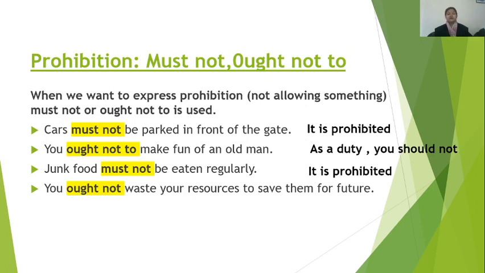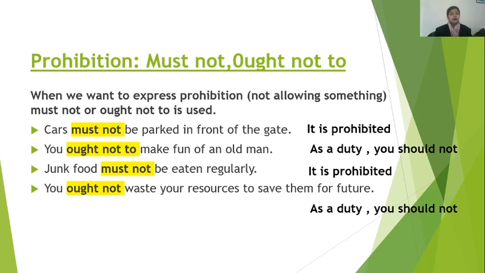Okay, but when we say you ought not waste your resources to save them for future, so it is a duty. You are fully prohibited to waste your resources. Means when the thing reaches to the limit that it is going to harm someone, so we use ought to.